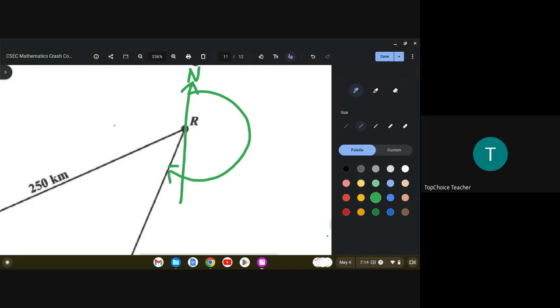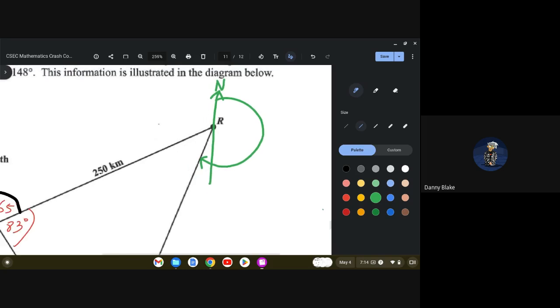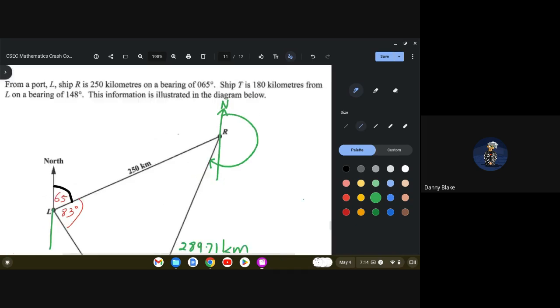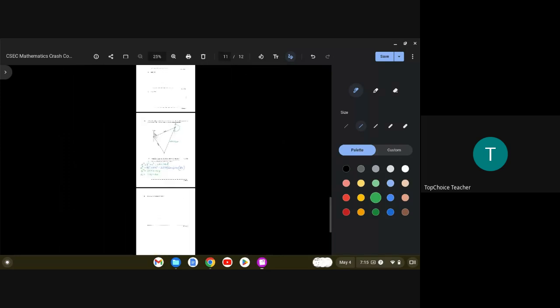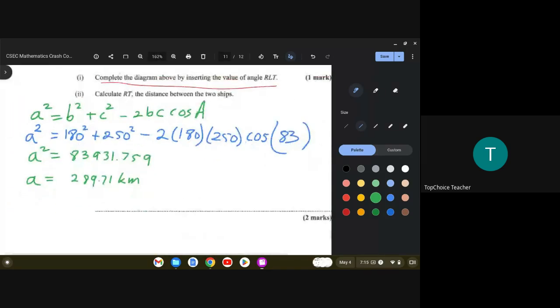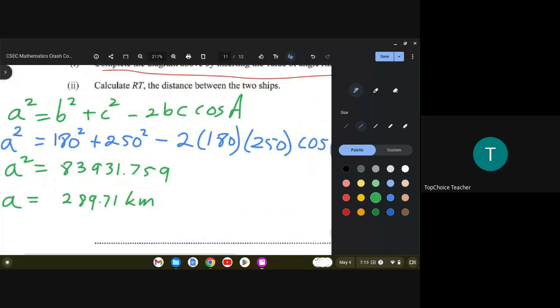Somebody in the chat said they're having trouble plugging in the previous question in their calculator. If you're having trouble putting this whole thing into your calculator, do it in parts.